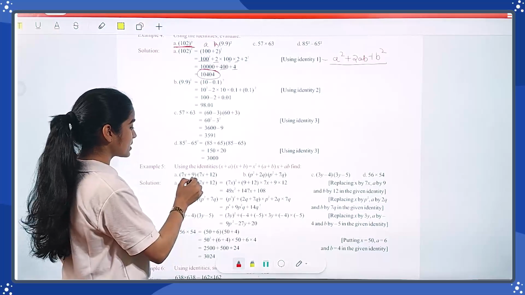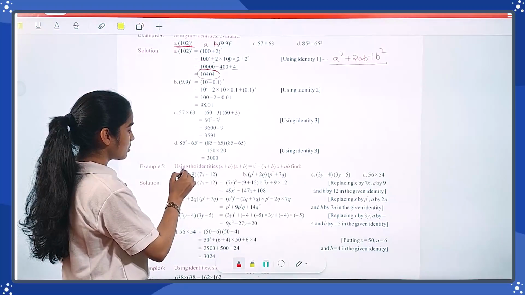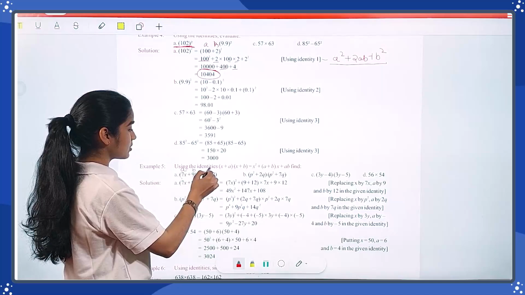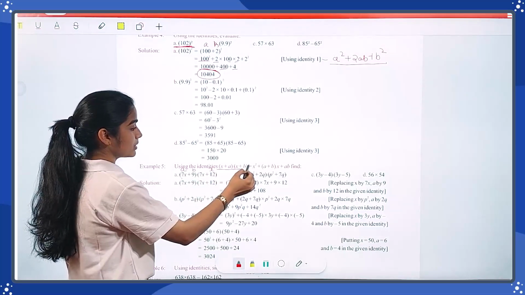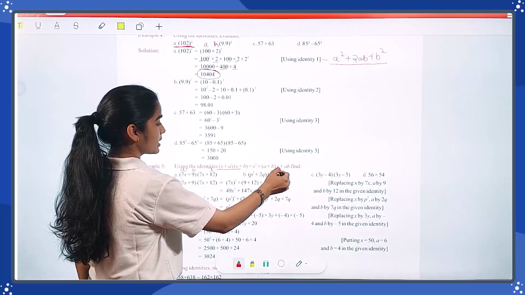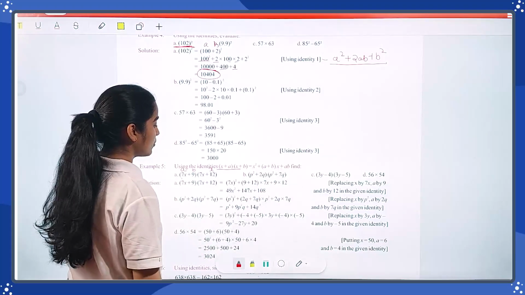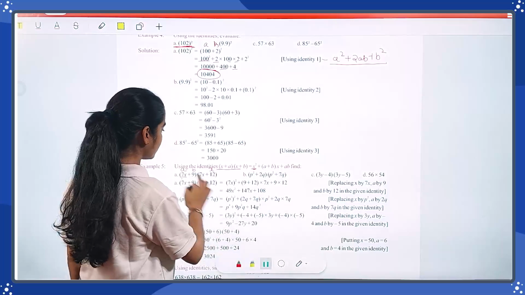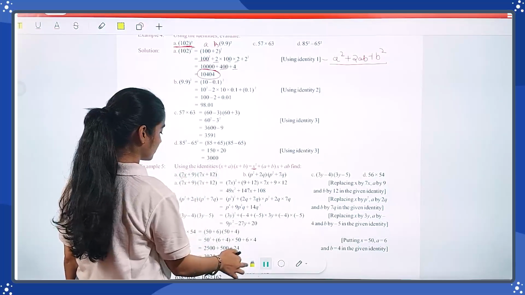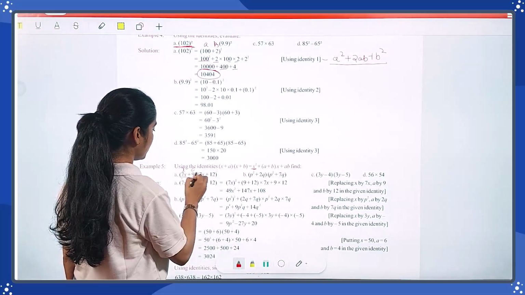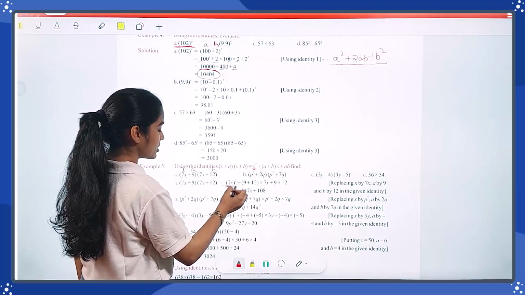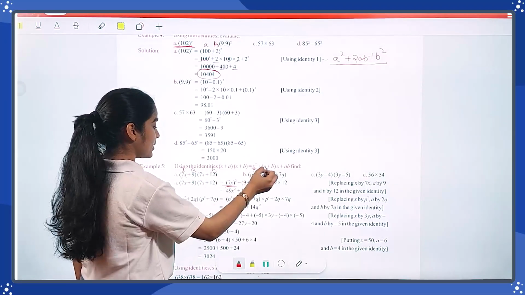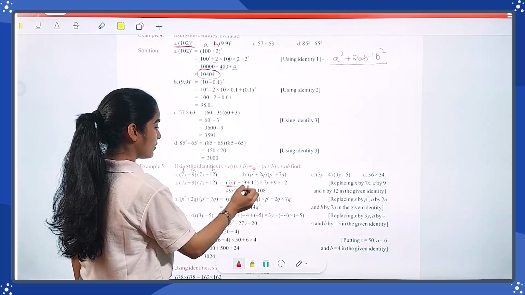Now 7x plus 9, 7x plus 12. So this is your a, this is your b, and this is your x. So this is your property, x square plus a plus b, x plus ab. So how do you have to solve it? First take x square, which is 7x square, then a plus b, which means 9 plus 12, then x.